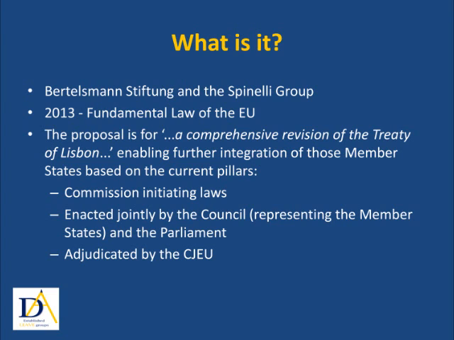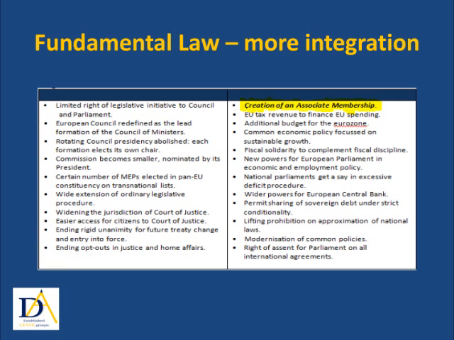More powers for the Court of Justice, more power over economic and fiscal policy, abolishing a lot of what they term the messy opt-outs and opt-ins that various member states currently have. And crucially for us, or for this presentation, they also proposed the creation of something called associate membership. So you can find it in Article 137 of the draft fundamental law.